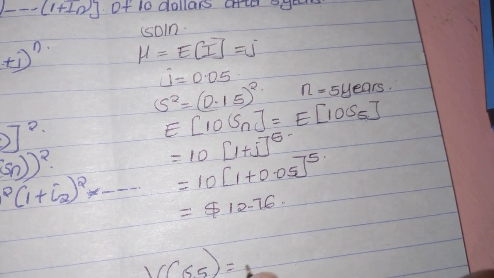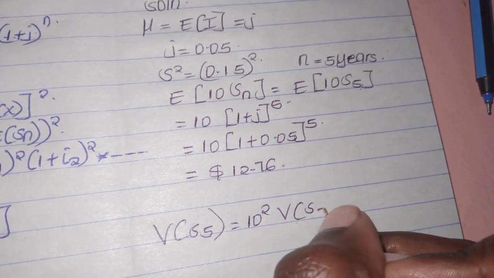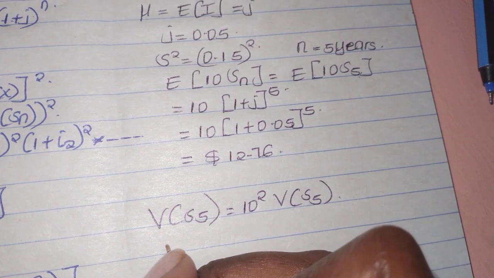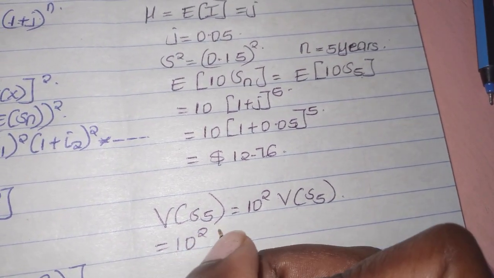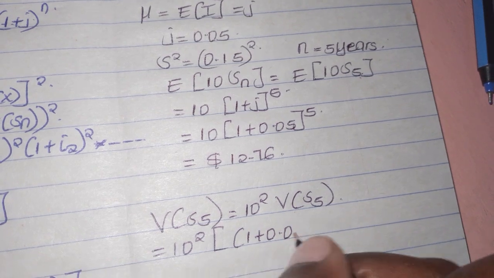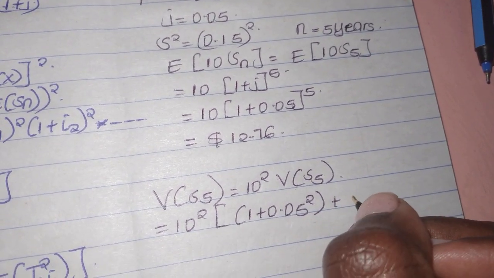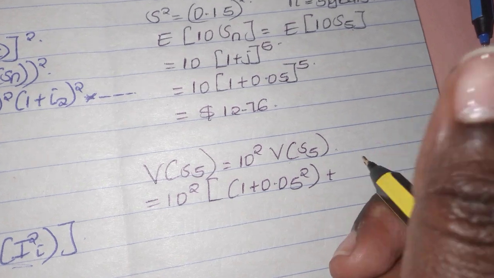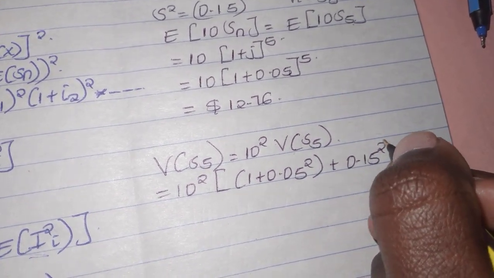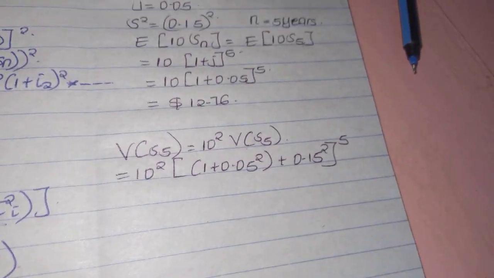Then the variance of S5 is equal to 10 squared times the variance of S5. So this will be 10 squared, all into 1 plus 0.05 squared plus 0.15 squared, all to the power 5.